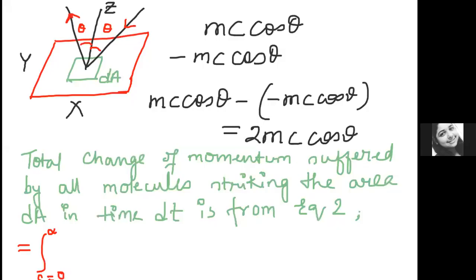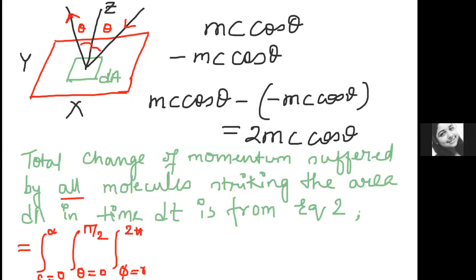So the total change of momentum suffered by all the molecules striking the area dA in time dt is, from equation 2, what we can write is the integration from c equal to 0 to infinity, theta equal to 0 to pi by 2, phi equal to 0 to 2 pi.